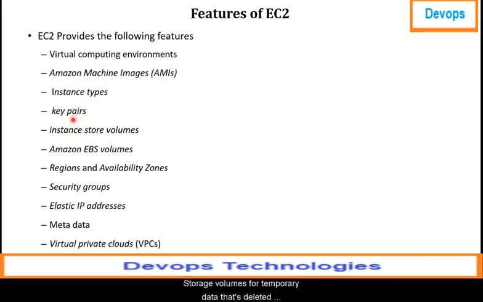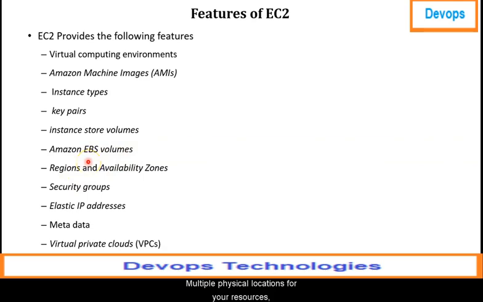Fifth one is storage volumes for temporary data that's deleted when you stop or terminate your instance, known as instance store volumes. Sixth one is persistent storage volumes for your data using Amazon Elastic Block Store, that is Amazon EBS, known as Amazon EBS volumes.